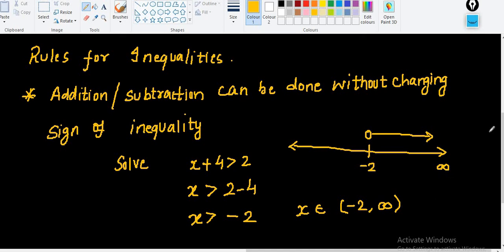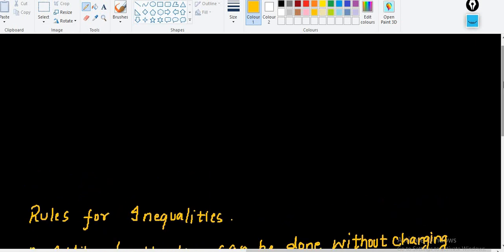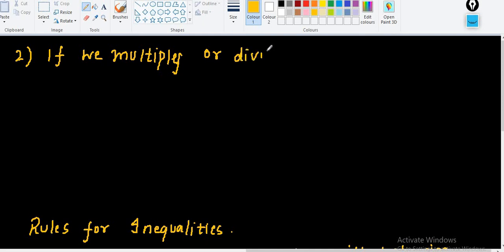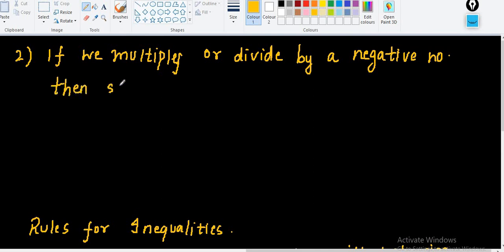The second rule says if we multiply or divide by a negative number, then sign of inequality changes.